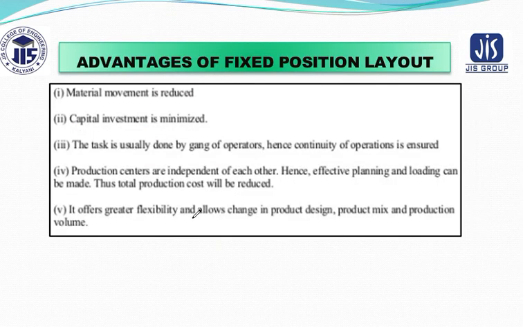Now just have a look at the advantages of fixed position layout. So the advantage is material movement is reduced. Next, capital investment is also minimized. The task is usually done by a gang of operators, hence continuity of operation is ensured.